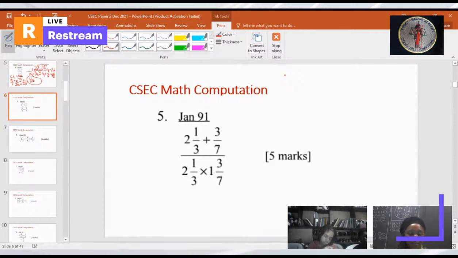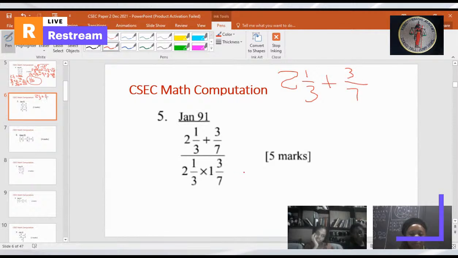Go ahead, John. So first, 2 and 1 third plus 3 over 7. We're going to work the numerator first. So 2 and 1 third plus 3 over 7.